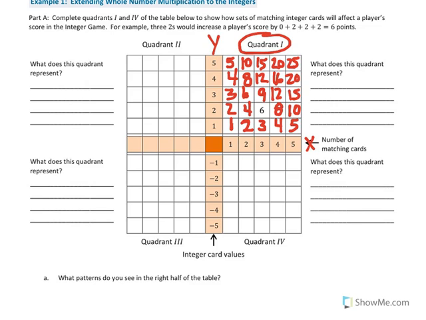So let's stop and look at this right here. The first question over here to the right says, what does this quadrant represent? Okay? So it looks like this quadrant represents where your positives times your positives are.